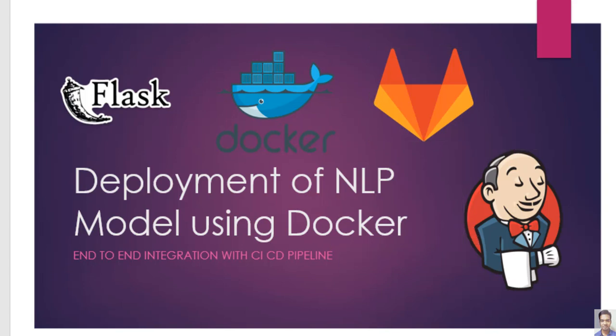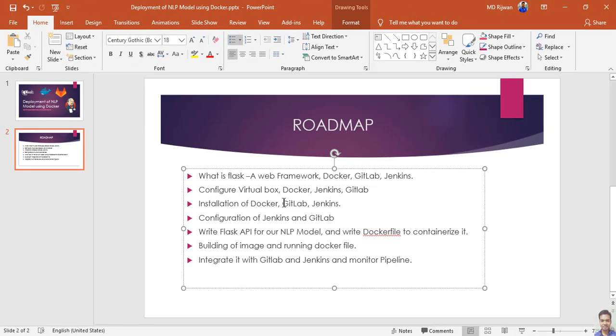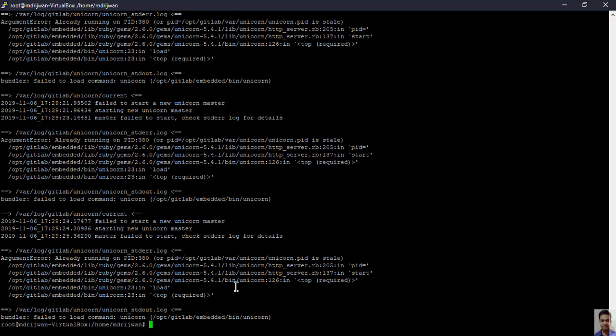So we have covered what Flask, Docker, GitLab and Jenkins are, how to configure them, and their installation. In our system we have installed Docker, and we saw the installation of GitLab and also Jenkins.